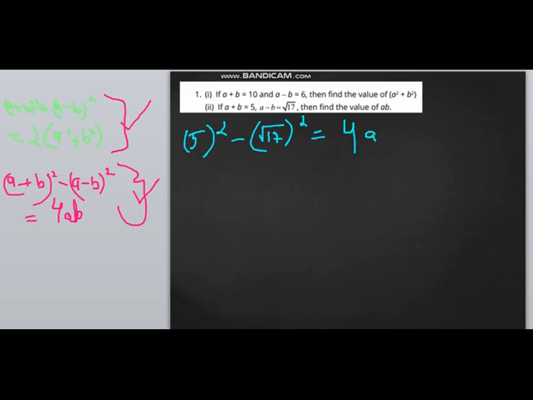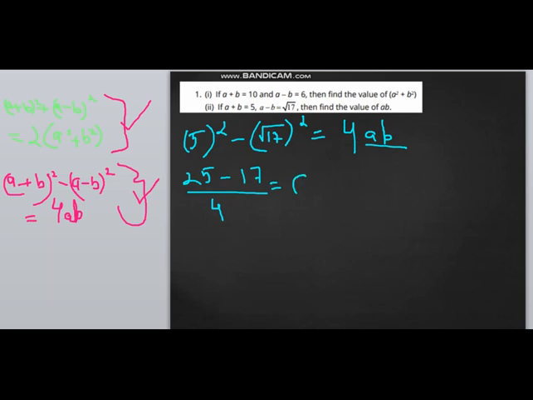Now just to isolate ab, we'll have to take 4 to the other side, but first we're going to square everything. So 5 squared is 25, and root 17 squared is 17. And then 4 goes to the other side and divides.